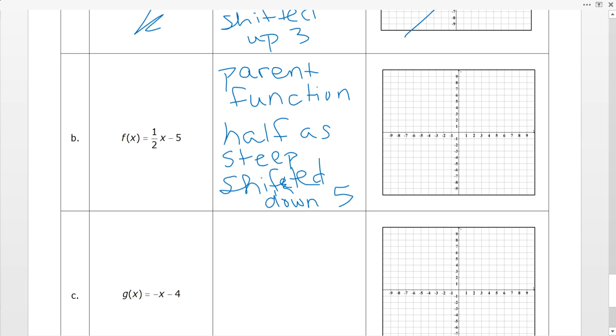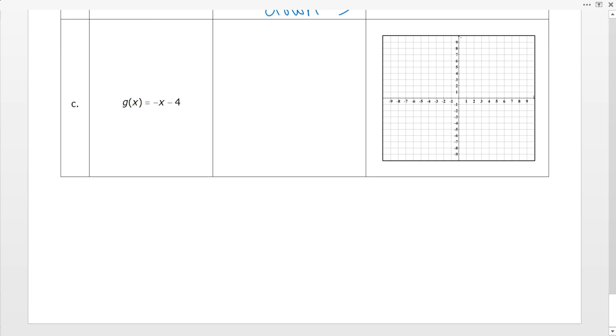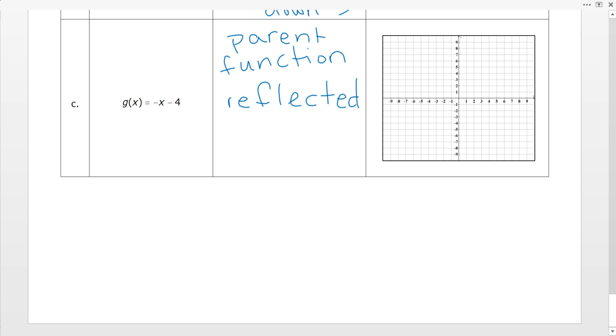Okay, and then the last one from the parent function. So draw your parent functions on these graphs first so that you can compare what happens to the new function. It's going to be reflected, which means it's going to have the negative slope, and shifted where?